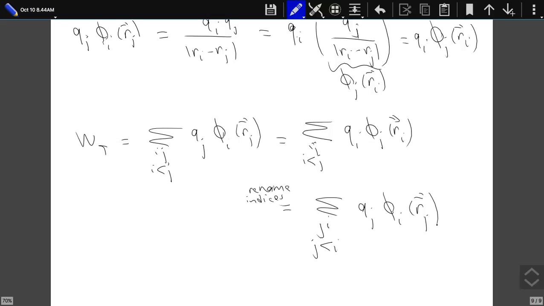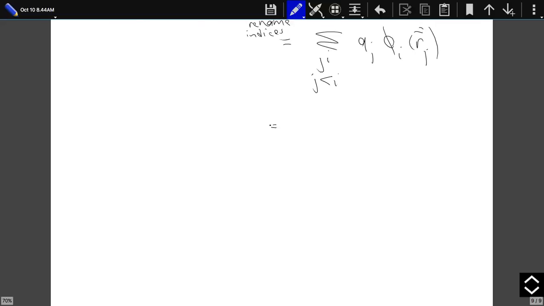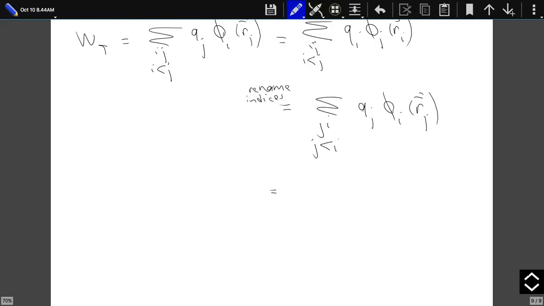I just changed the names. Well, this is equal to the sum over i and j, all possible values, with the condition that i is larger than j, of Qj phi i of rj. I just did some aesthetic modifications in how I show that summation. I didn't do anything else.